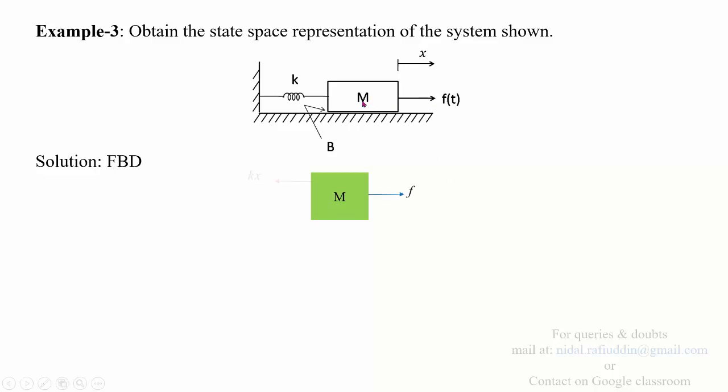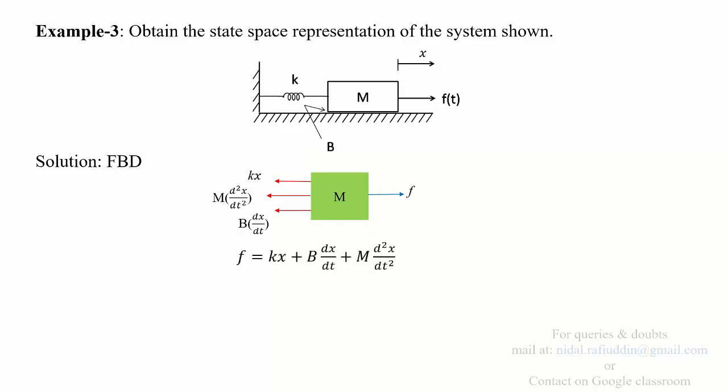The resisting force acting on it is because of K, which is Kx, since x is the displacement that the mass has, and the other force which acts on it is because of the friction. The coefficient of friction is taken as B, and thus this is given as B x dot. The third force which acts on the mass is m x double dot. So these are the three resisting forces which act on the mass m when the force F is applied to it.